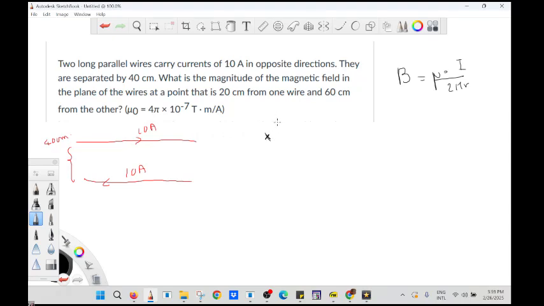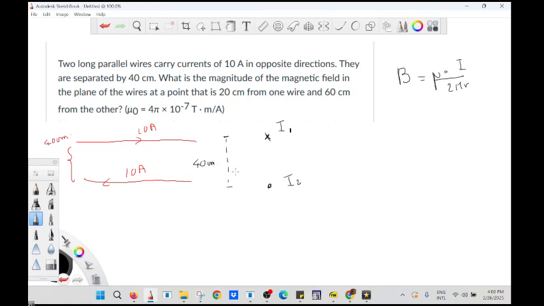So that current, I'm going to call that I1, and it's going into the board. Okay, so it's perpendicular to the board, and I'm going to call that I2, and the current is coming towards you. But the wires are perpendicular to the board. That distance here is 40 centimeters.